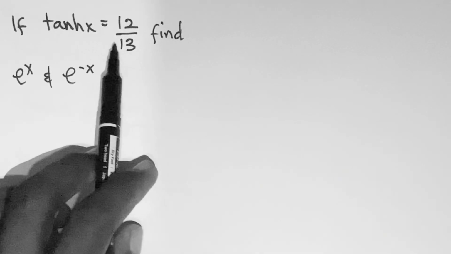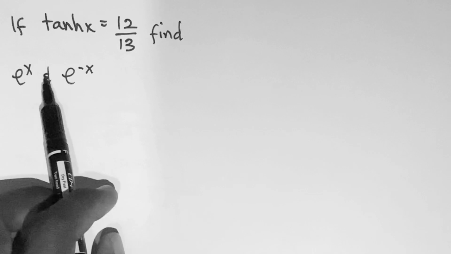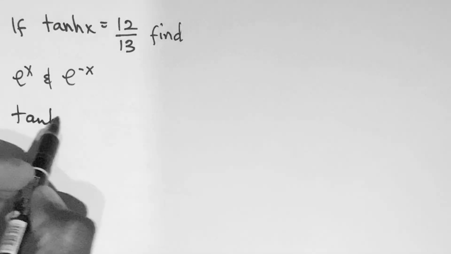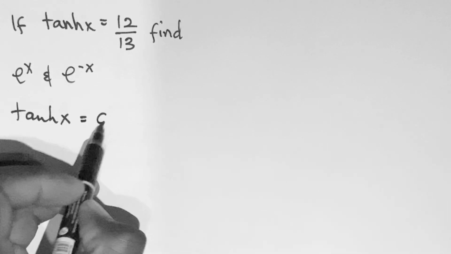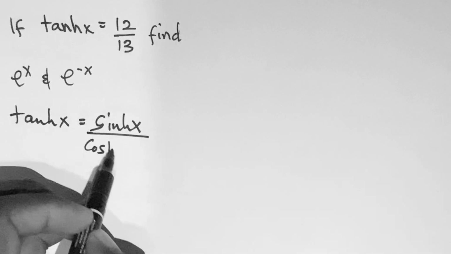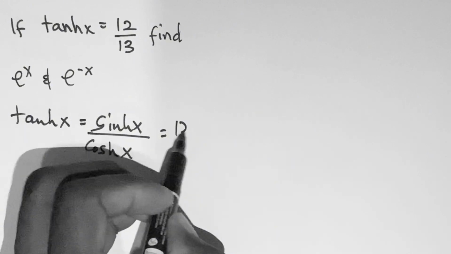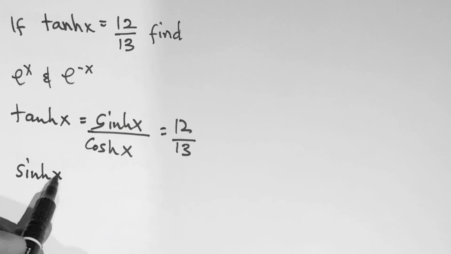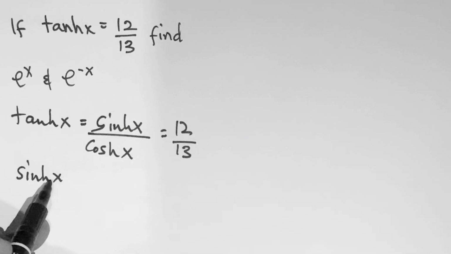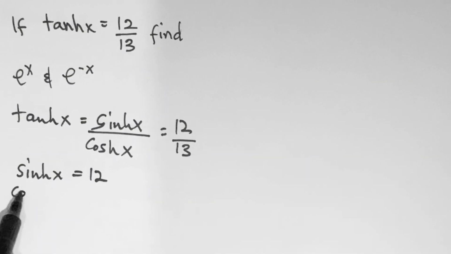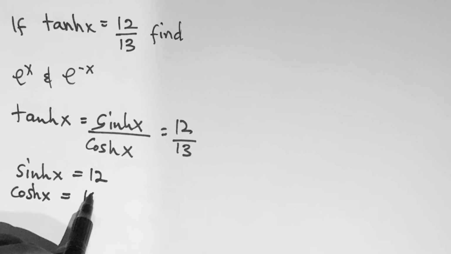If hyperbolic tan x is equal to 12 over 13, find exponent x and exponent minus x. So we know that hyperbolic tan x is equal to hyperbolic sine x divided by hyperbolic cos x, and that is equal to 12 over 13. So it implies that hyperbolic sine x is equal to 12, and then hyperbolic cos x is equal to 13.